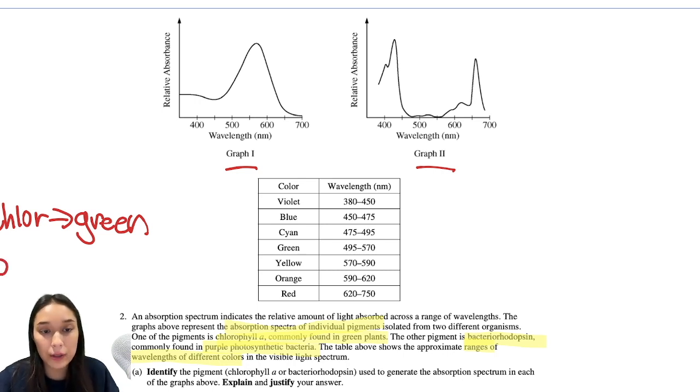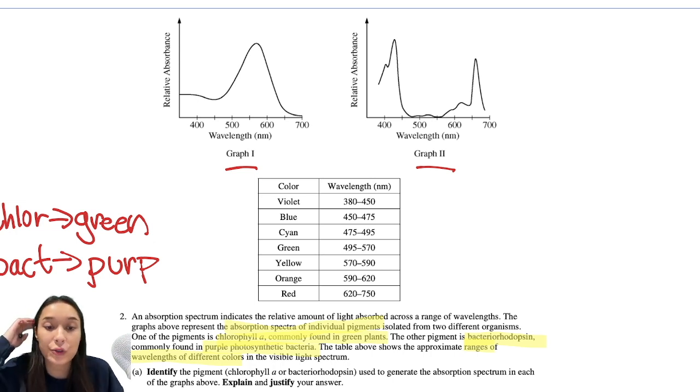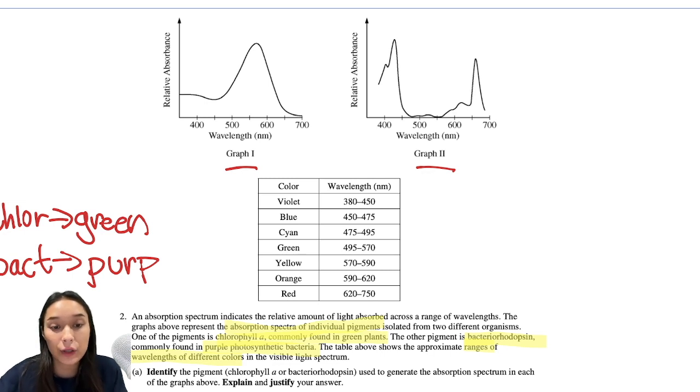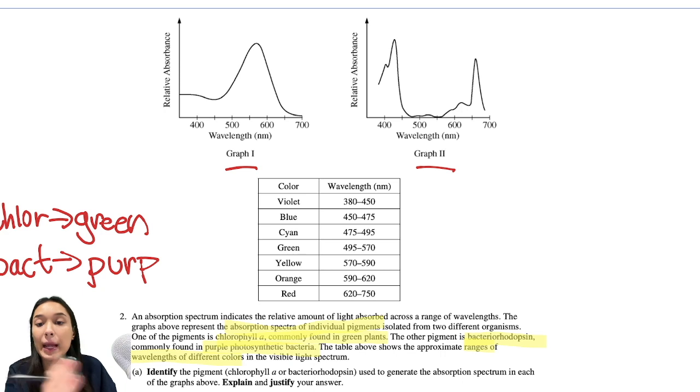So bacteriorhodopsin is purple. That's all we need to know to answer this question. So they're asking, which one of these represents the absorption spectrum of a pigment that is reflecting green and a pigment that's reflecting purple. All you need to know for bacteriorhodopsin to be able to match it to one of these graphs is what it reflects. And then you're going to be able to see that on the absorption spectrum.